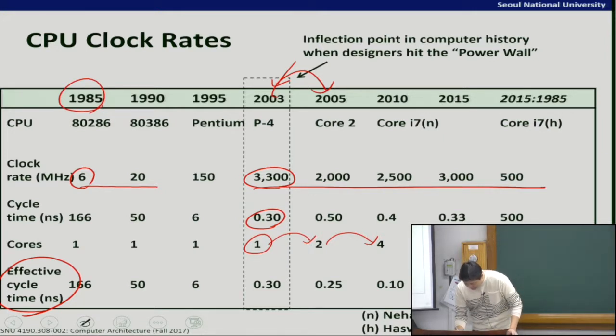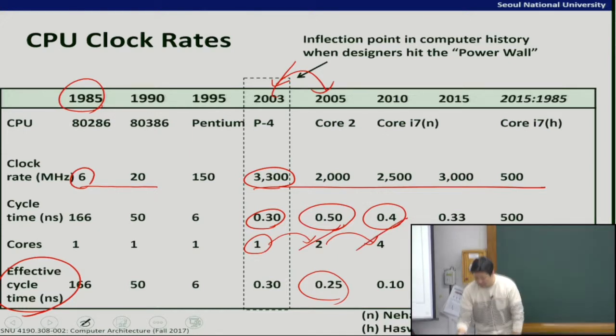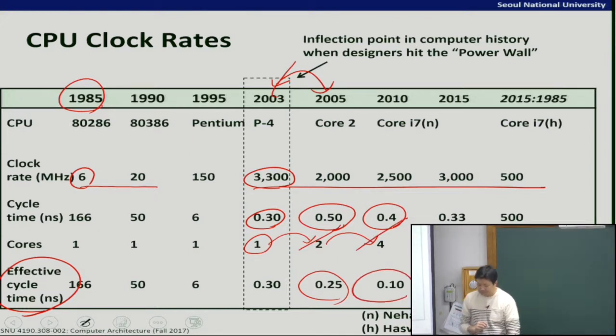The original cycle time is 0.5, but now we divide by the number of cores, then the effective cycle time will be 0.25. And if you have a cycle time of 0.4 but now have 4 cores, you can execute 4 instructions at the same time. So the effective clock cycle is 0.1 if you divide 0.4 by 4.